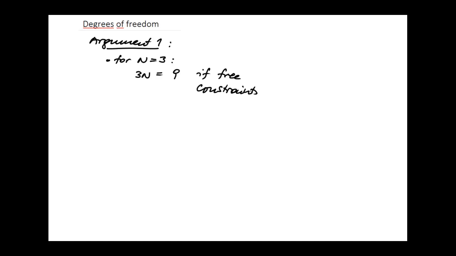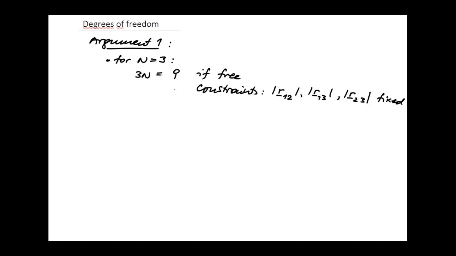In the case of 3 mass points, these are in total 3 constraints. You have the distance between the first and the second body, between the first and the third, and between the second and the third. These are fixed.